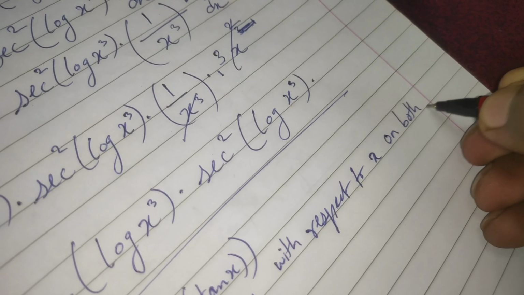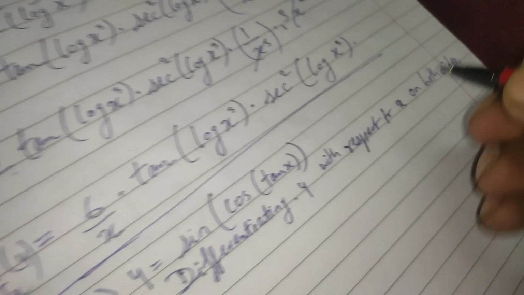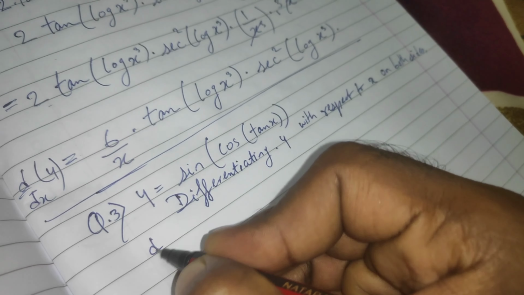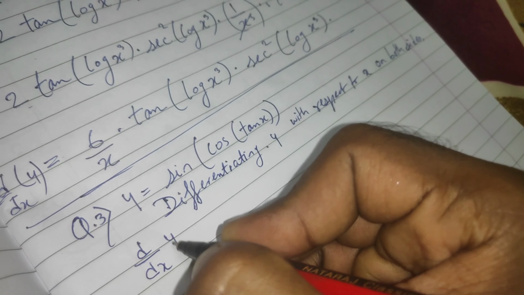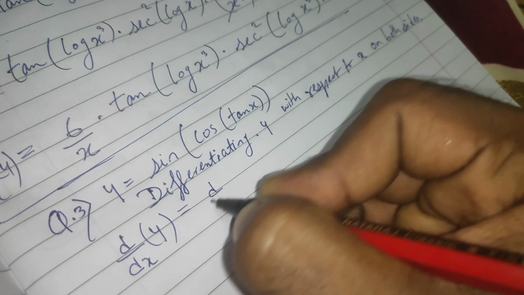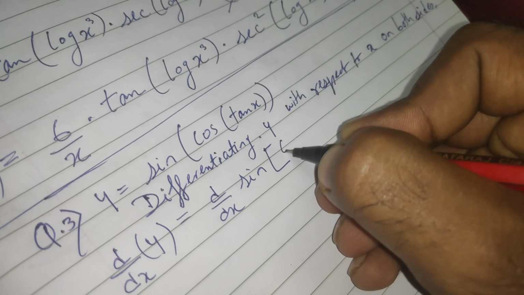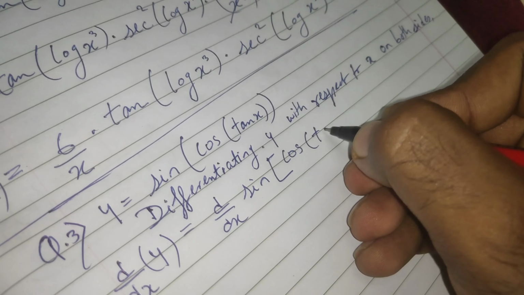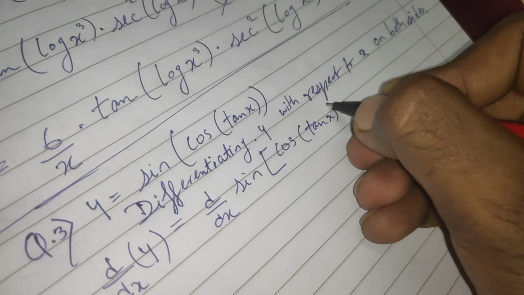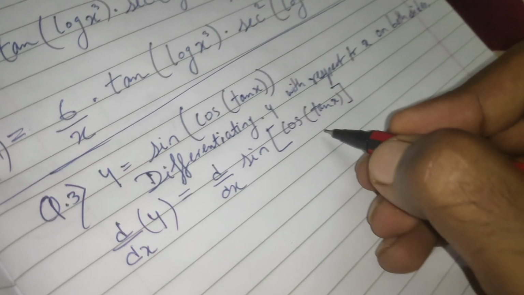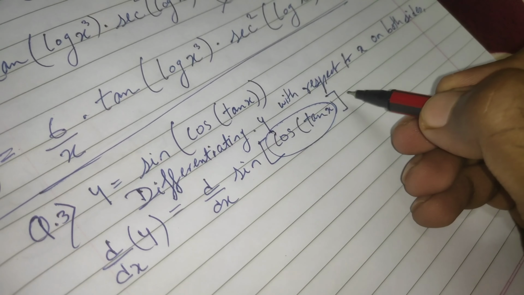Okay, and write it in complete sentences. Avoid shortcuts and also mention the formulas in the brackets. So derivative d by dx of y equal to d by dx of sine bracket cos bracket tan x. Always keep this habit of putting the brackets to avoid confusion.